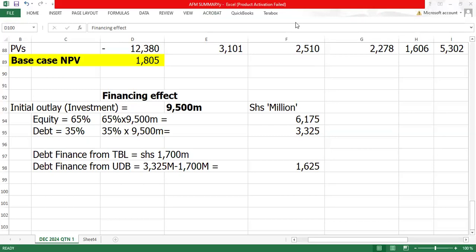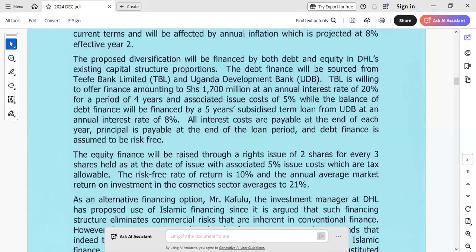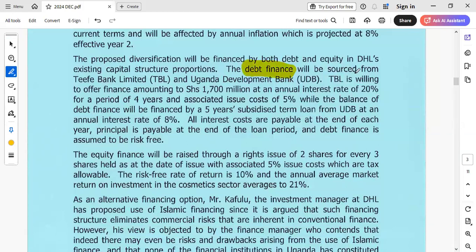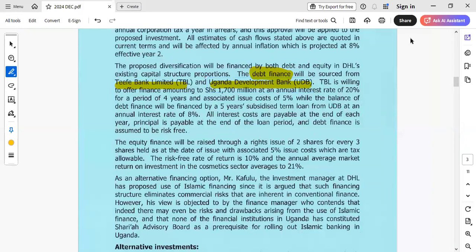Okay, in the question they gave us, you follow the question, because here you see, they told us that the debt finance will be sourced from this bank and also UDB. So the examiner will tell you that TBL is willing to offer how much? So that's what you will get from TBL.